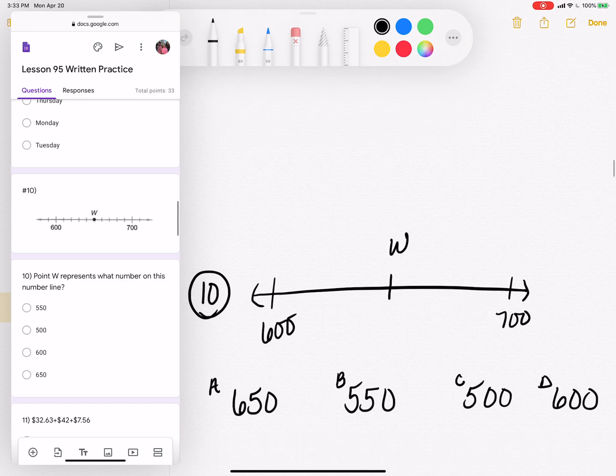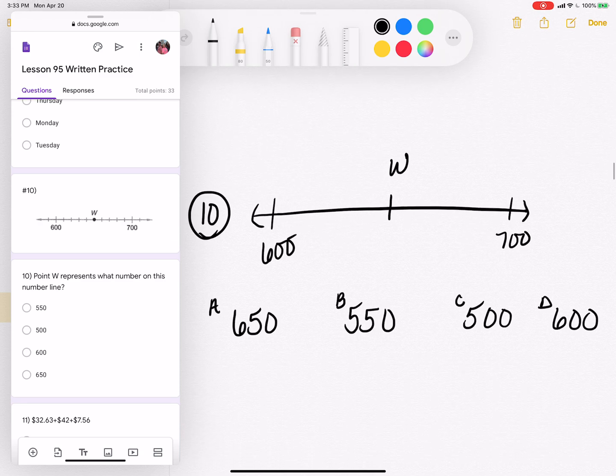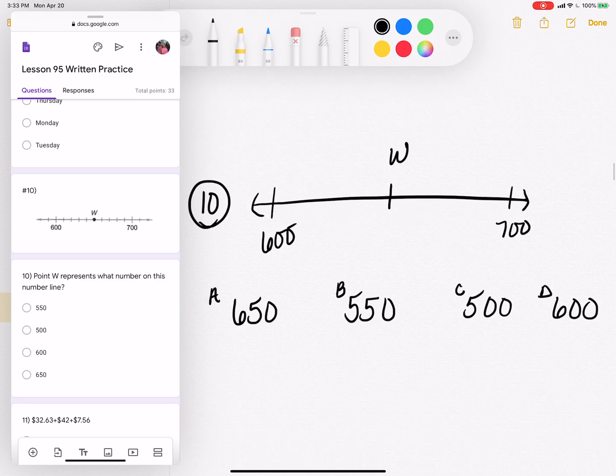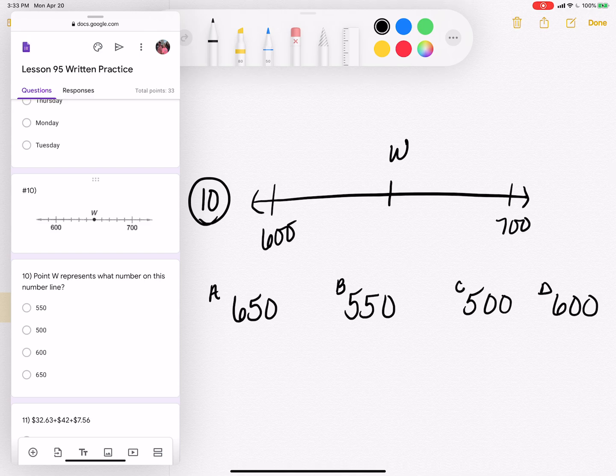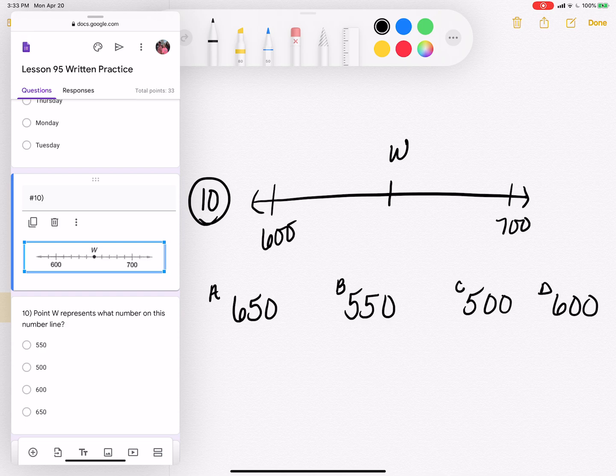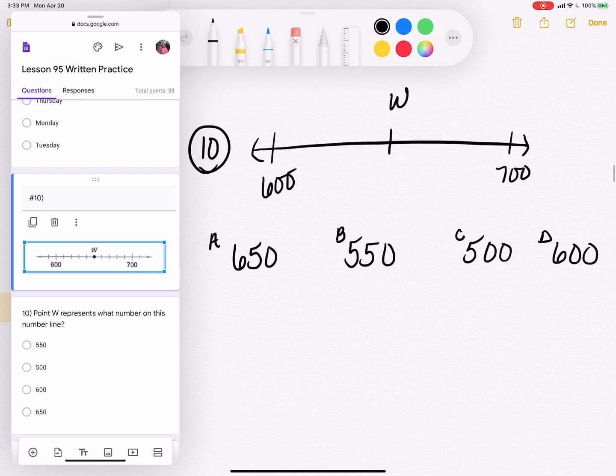Number 10. Point W represents what on this number line? So that is kind of hard to tell. There are 1, 2, 3, 4, 5, 6, 7, 8, 9, 10 spots in between 600 and 700.